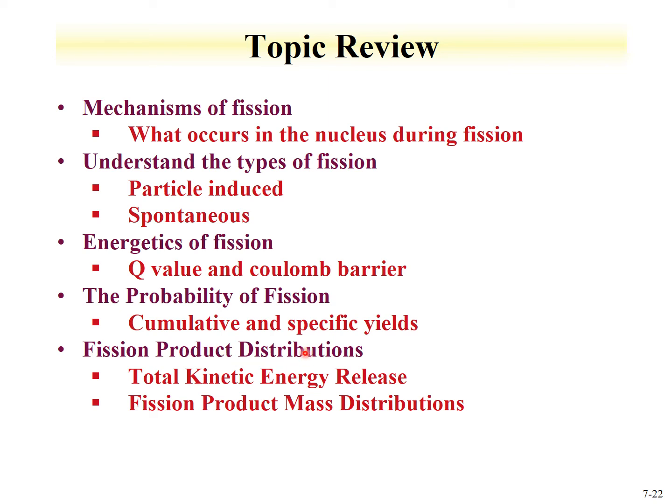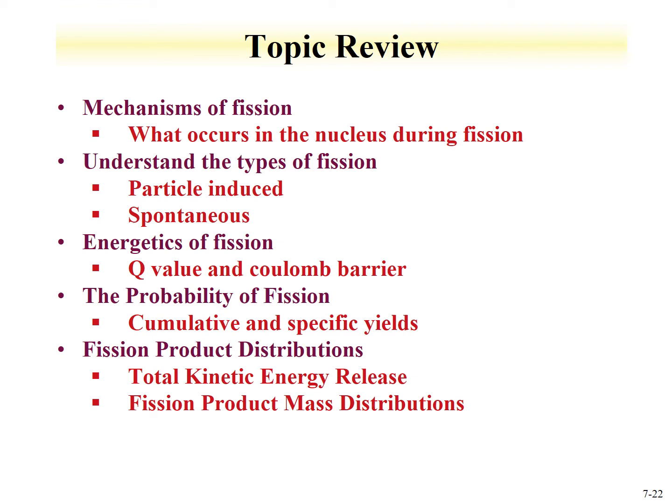And then finally, from this lecture, you should understand something about fission product distributions, particularly the mass distributions, how they're primarily asymmetric at uranium and plutonium, but they become symmetric as the mass of the fissioning isotope increases.